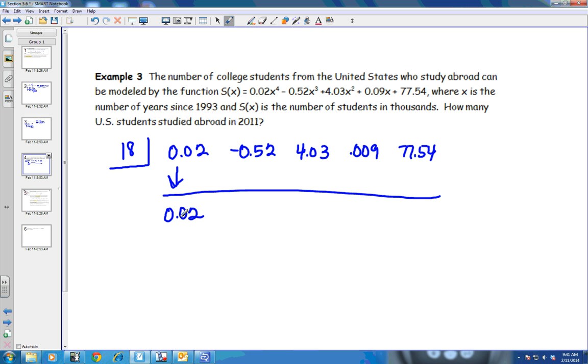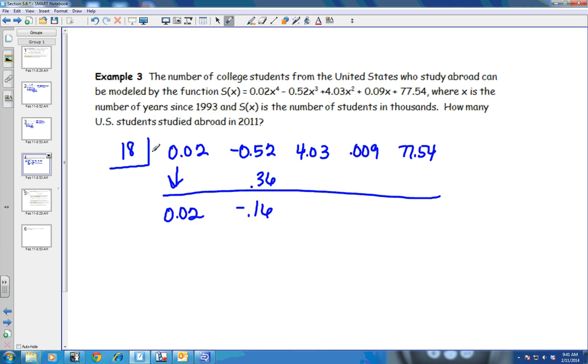So 0.02 times 18 is 0.36. So negative 0.52 plus 0.36 is negative 0.16.